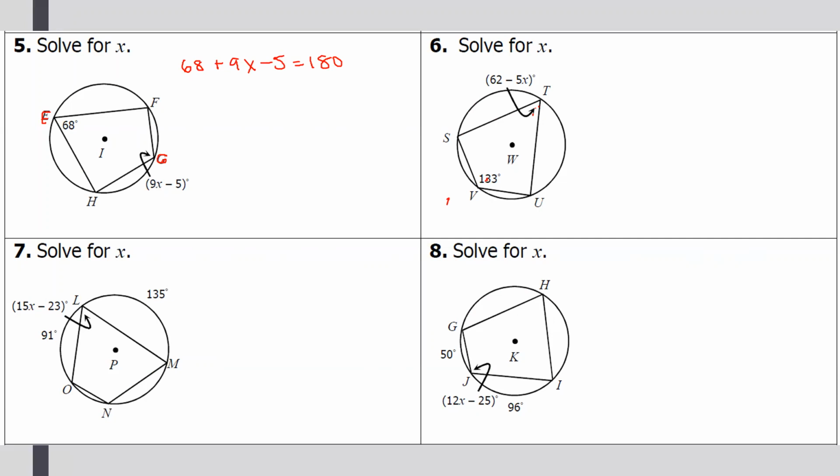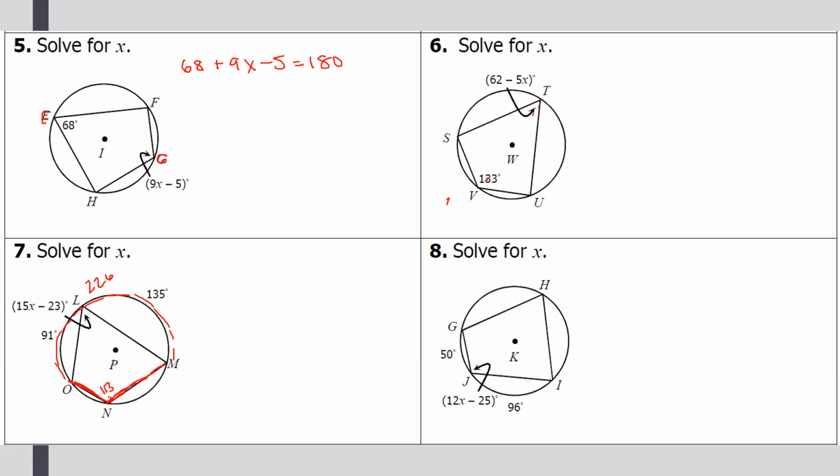In number 7, they don't tell us angle N, but you could easily figure out angle N because angle N is an inscribed angle. And in that inscribed angle, you have this arc, 91 plus 135 is 226, and half of 226 is 113.